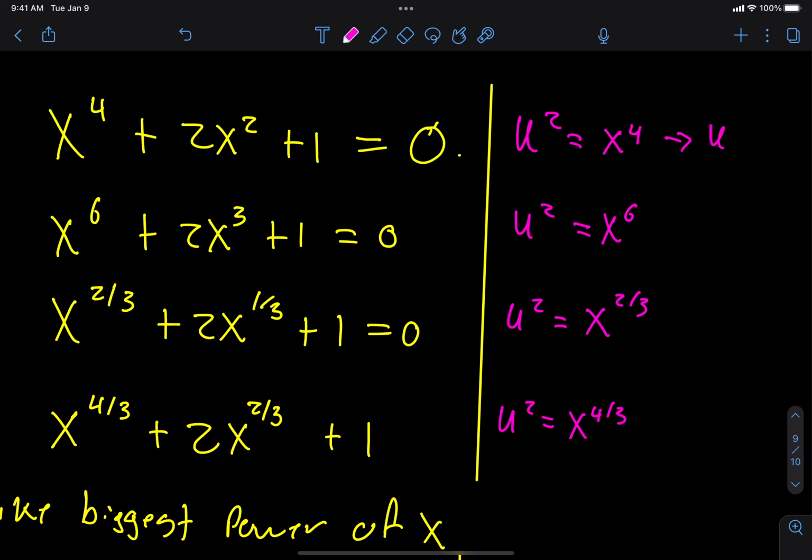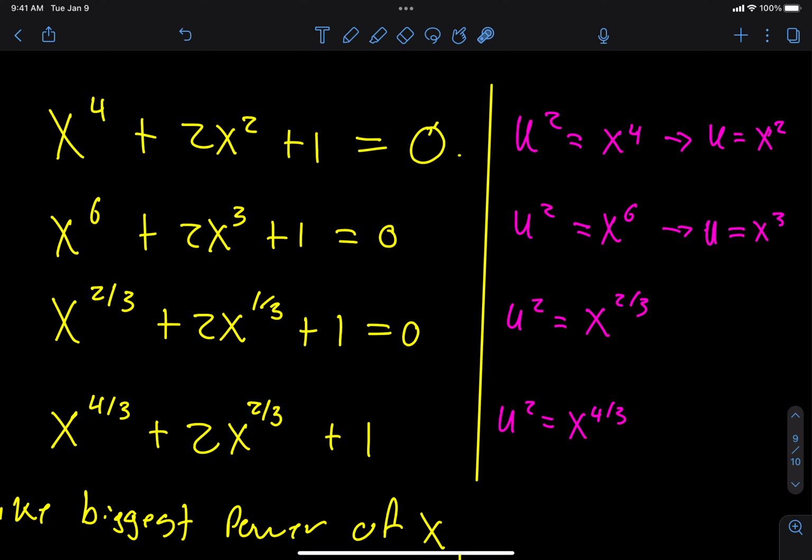What's u going to be if u squared is x to the 4? x squared. Okay, now we're going to need to use an exponent rule here. What is u if u squared is x to the 6th? x to the 3rd power.